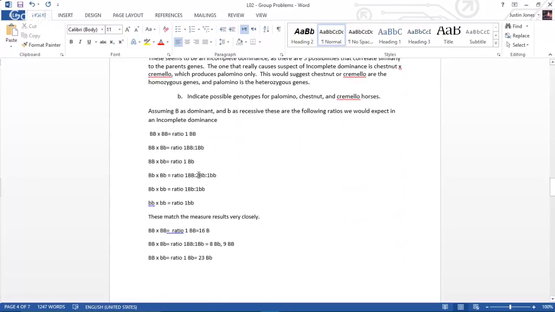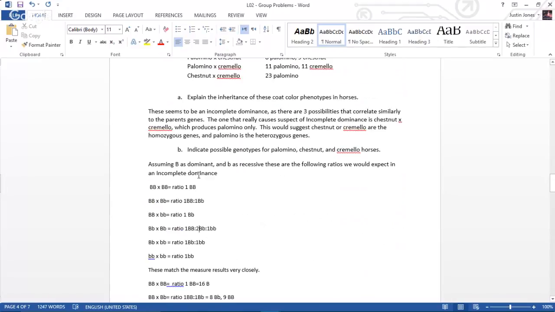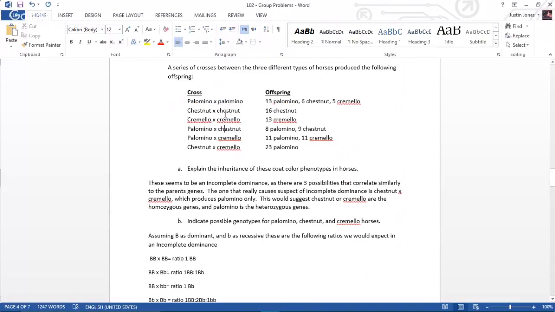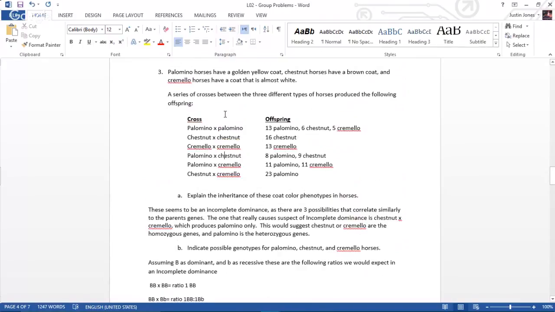So it showed to me that, okay, so Palomino is the middle one, but which of these traits is the dominant? And which one of these was it that I found that proved? Because I put that brown was the dominant.